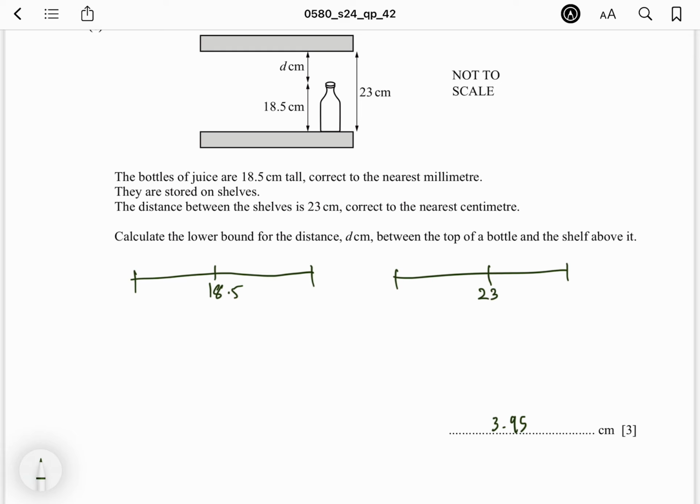If it says nearest millimeter, artinya sini berapa? 18 kan 19? 18.6. 18.4. Because kenapa? Because ni in centimeter.